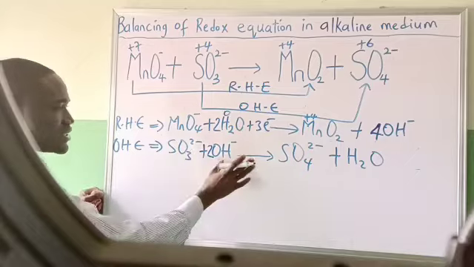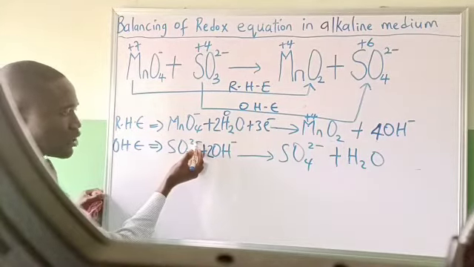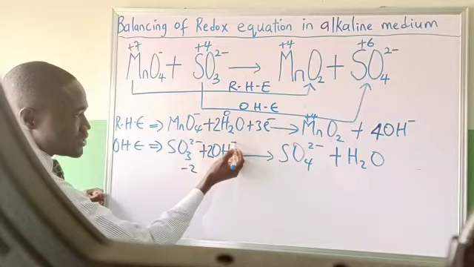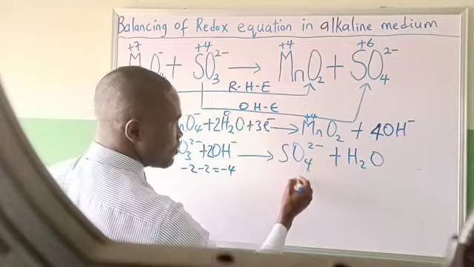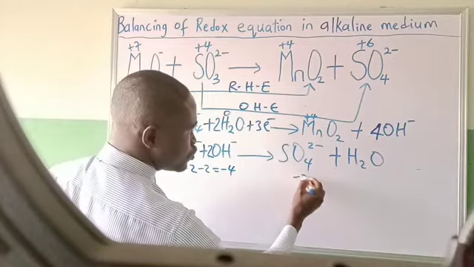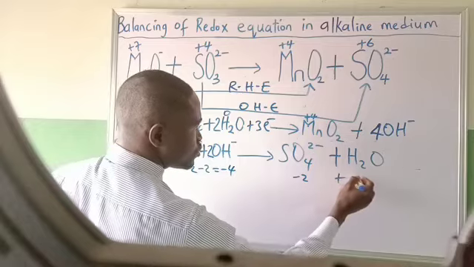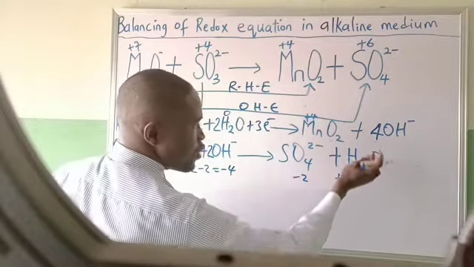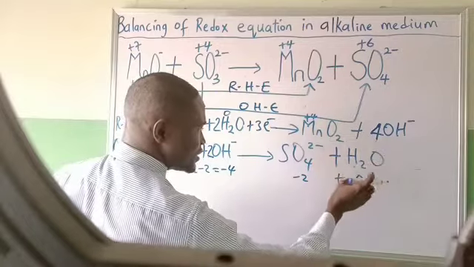Now you check their charges. This one, the charge is -2. 2 times -2 equal to -4. This one is -2, that is the overall charge, and this one is what? 0, because the charge of any molecule, compound or gas is 0.